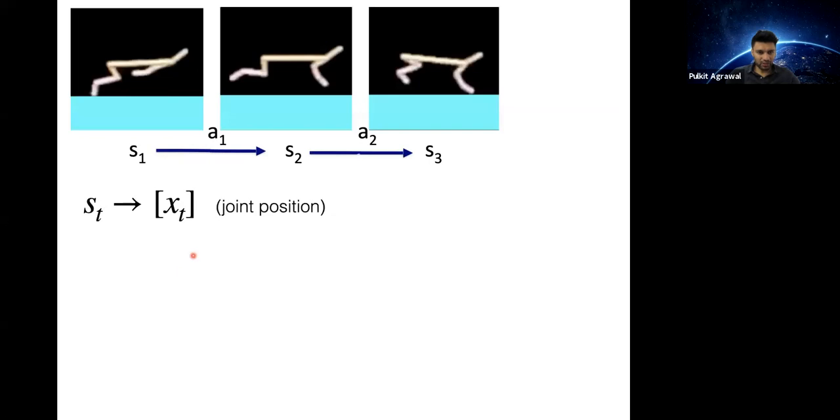So now let's look at what are some possible choices of the state space. One possible choice is to only include the joint positions of the cheetah, and then we could learn a policy which maps from this state space to actions.